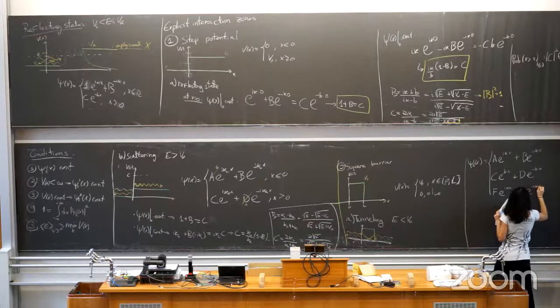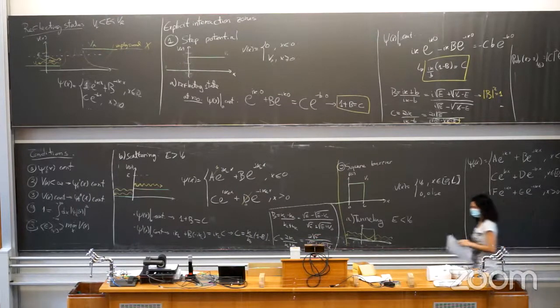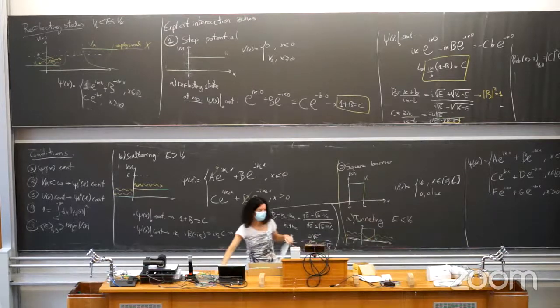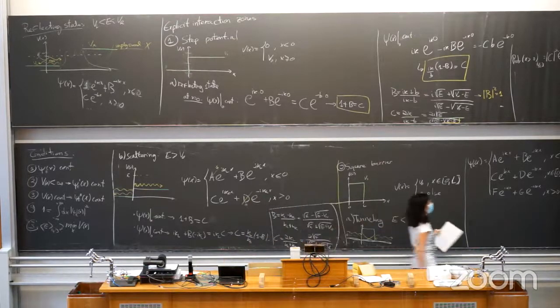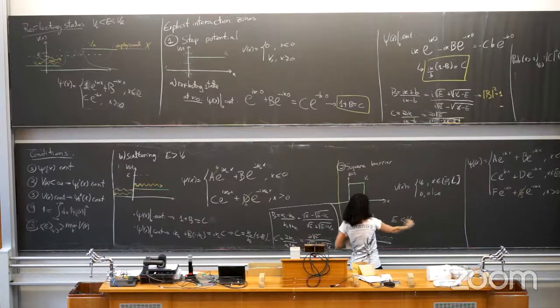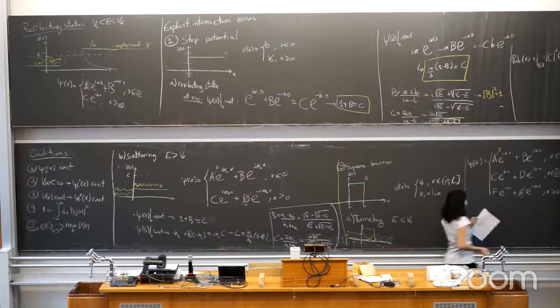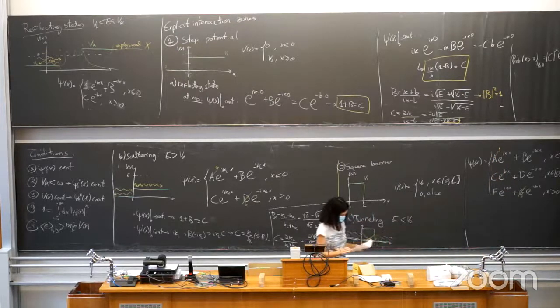So this is for x smaller than 0, x in the box, and x larger than 0. And now again, we're interested in the case where this is 0, meaning no wave incoming from the right infinity, and this one is 1. The B's, you know how to calculate them.